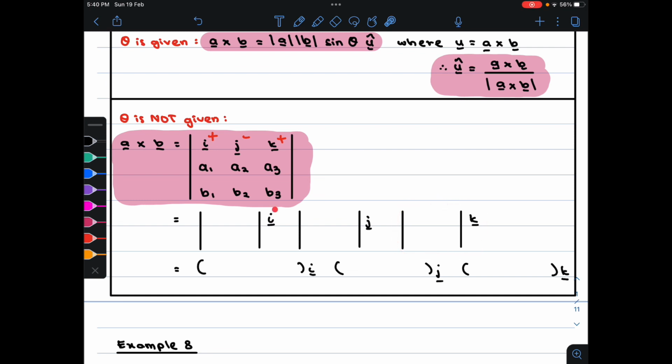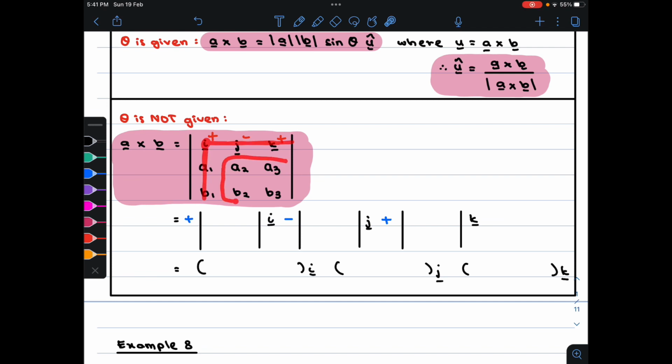So note that for I, the sign is positive. For j, the sign is negative. And for k, the sign is positive again, like this. And next, we need to fill in inside the determinant for each I, j, and k. So I is here, so you're gonna close the first row and the first column.